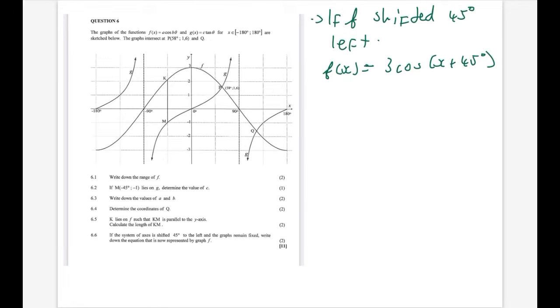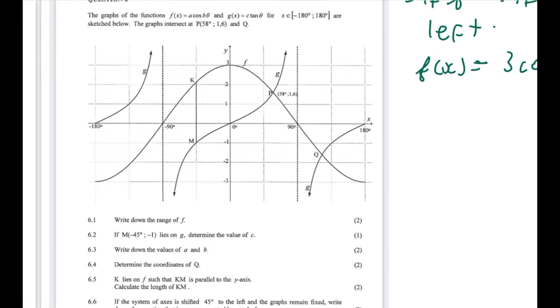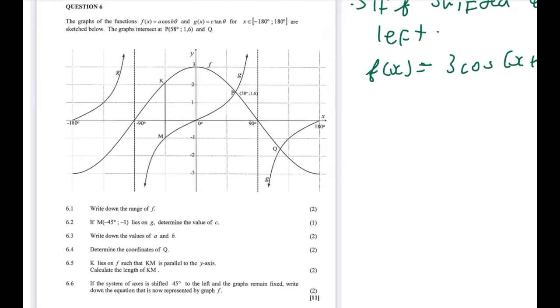But the question is rather saying, if the system of axes was shifted 45 degrees to the left. And I'm going to tell you what it means to shift the axes 45 degrees to the left. I want you to maybe even pause the video and think about it after I say it. Shifting the x and y axis 45 degrees to the left has the same effect as shifting the graph 45 degrees to the right.